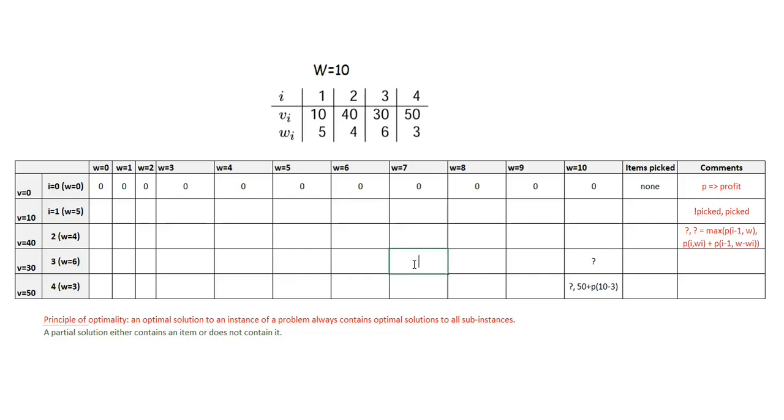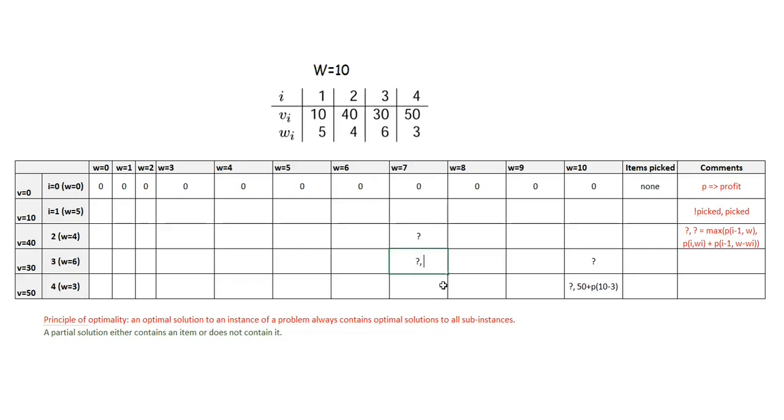I don't know the solution of this particular cell, so I will put question mark and question mark, whether to pick up this particular item or don't pick it. If I don't pick up the item, I would require the solution from the previous cell. If I pick up this item, that means I am picking up item 3.